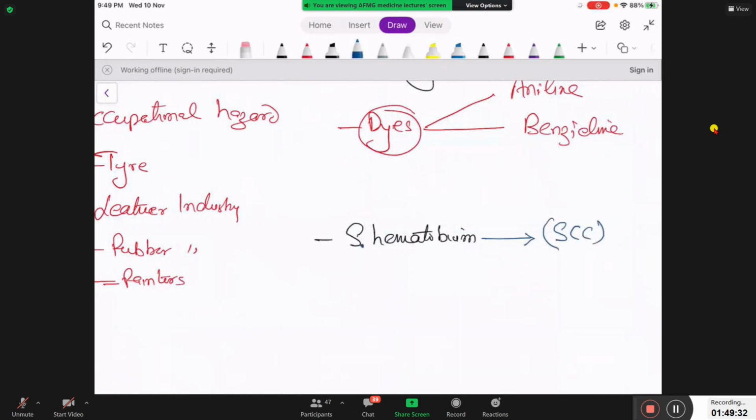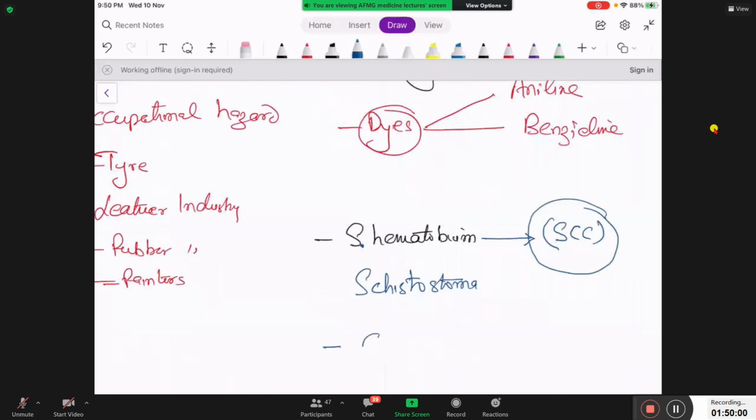It is a risk factor for transitional cell also and squamous also, but more importantly, it is a risk factor for squamous cell.